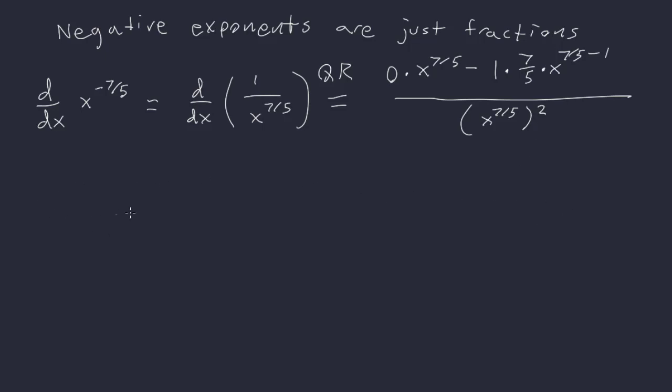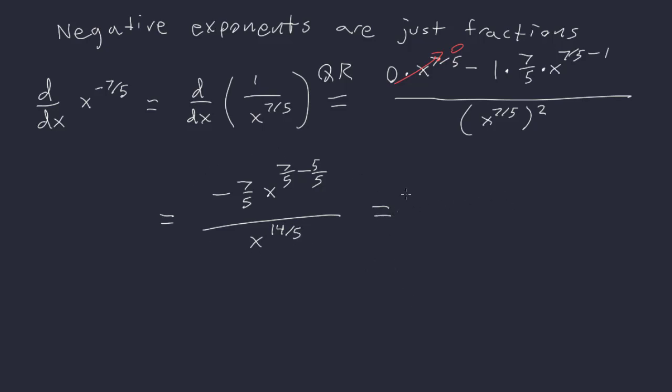Okay, so what we'll end up with is, well, this whole thing here just zeroes out. Okay, and we'll end up with negative 7/5 x to the 7/5 minus 1. So that's 7/5 minus 5/5 all over x to the, well, 7/5 squared is going to be 14/5.